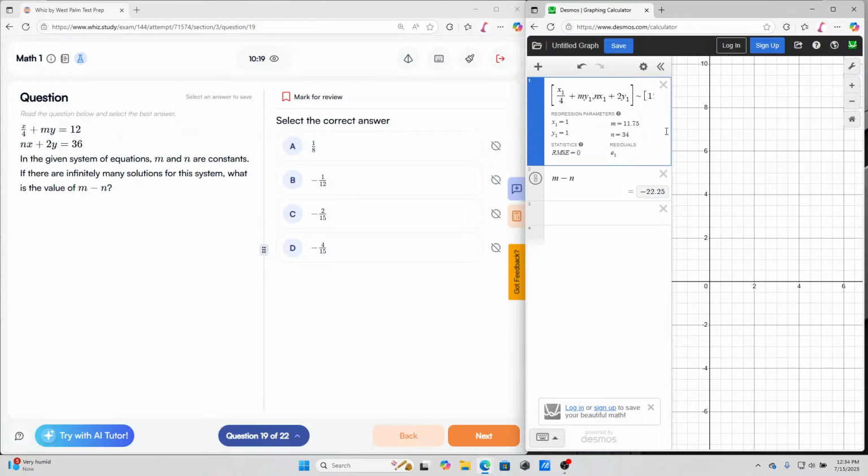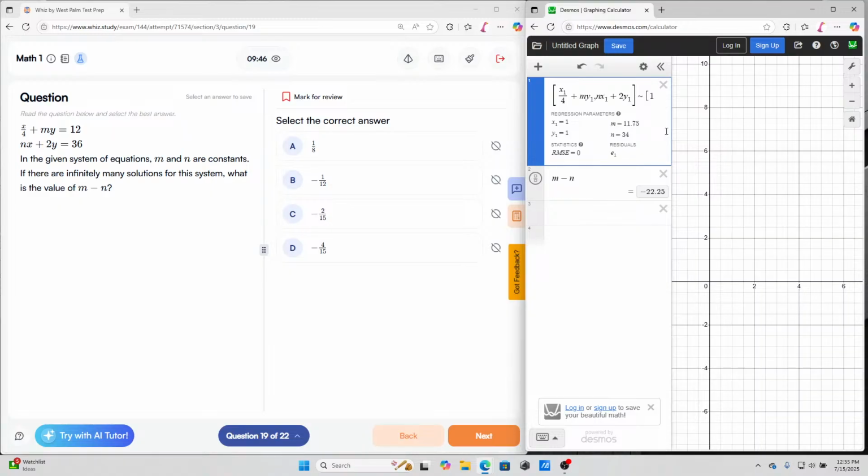None of these look right here. There are infinitely many solutions.